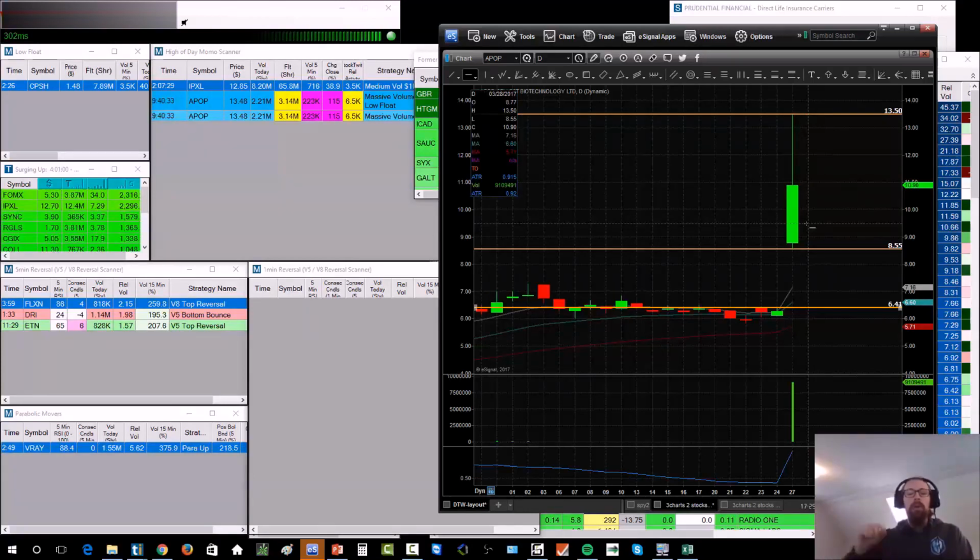The broker's risk management department will go in and close his position at market price. You start having that happen across thousands of accounts on a stock that goes up 50% or 100% like this, you've got more buying. Plus you have all the buyers, like long bias traders like me, who are just like, look, the stock is going to be strong because it's got great news, and that's when you have these explosions.